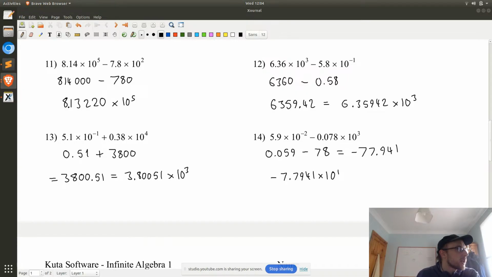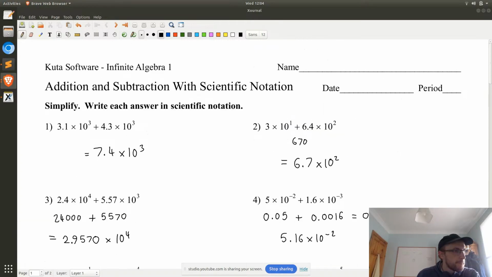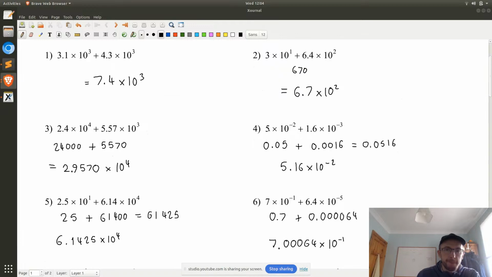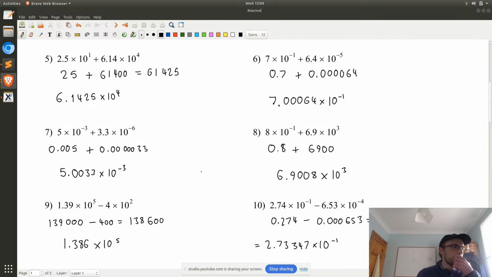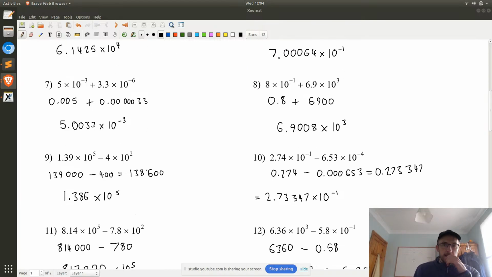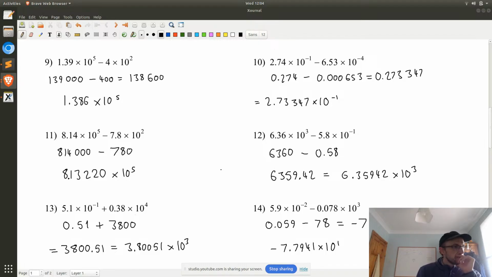And check everything. Check everything. Valid. Correct.